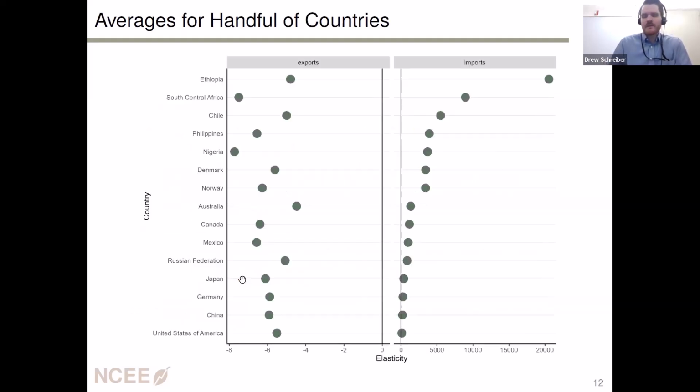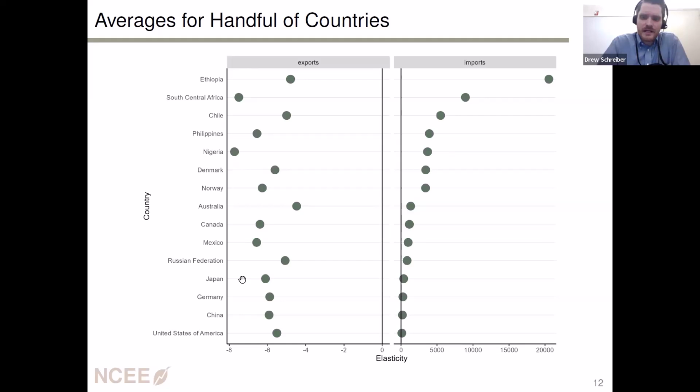So I have some example plots. These are averages for a handful of countries, just to get a sense for what the elasticities look like. I should first note that these are ranked by import supply elasticities, averages across commodities.